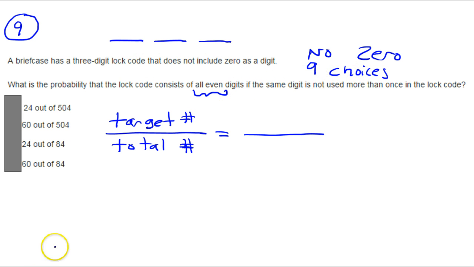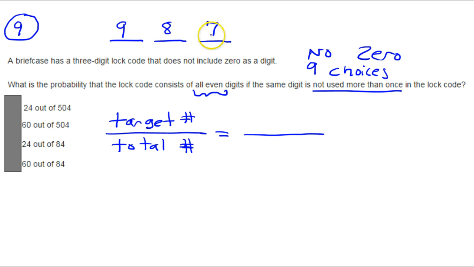I like to use the fundamental counting principle for this type of problem because I know I have 9 choices for the first digit. But since they're not using any more than once, for the second digit I will have 8 choices left. And for the third digit I will have 7 choices.